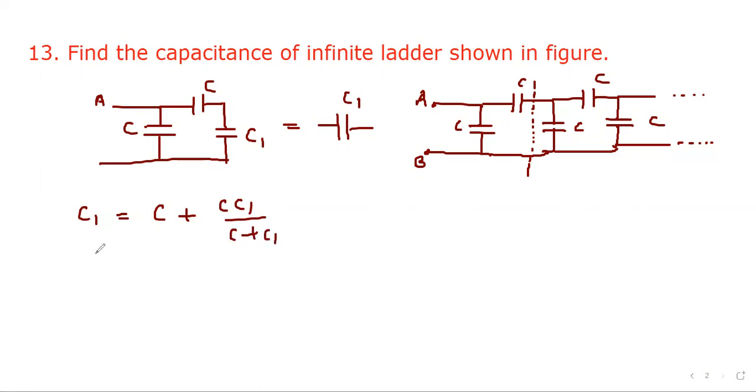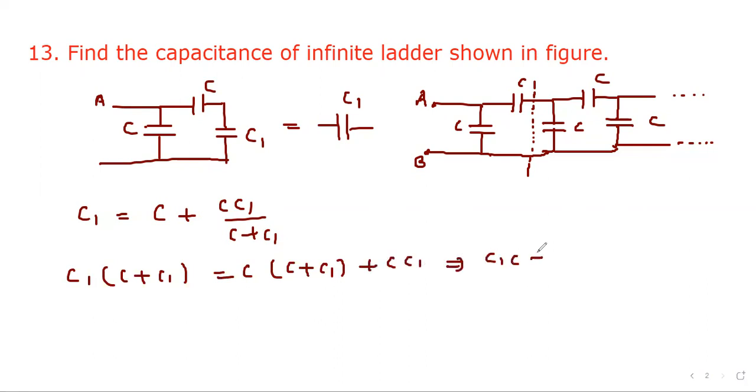So we take LCM. So C1 times C plus C1 equal to C times C plus C1 plus C C1. We simplify. C1 C plus C1 square equal to C square plus CC1 plus CC1.